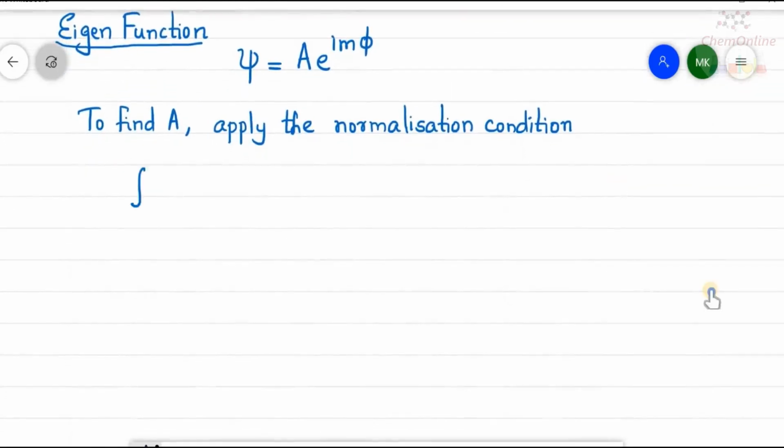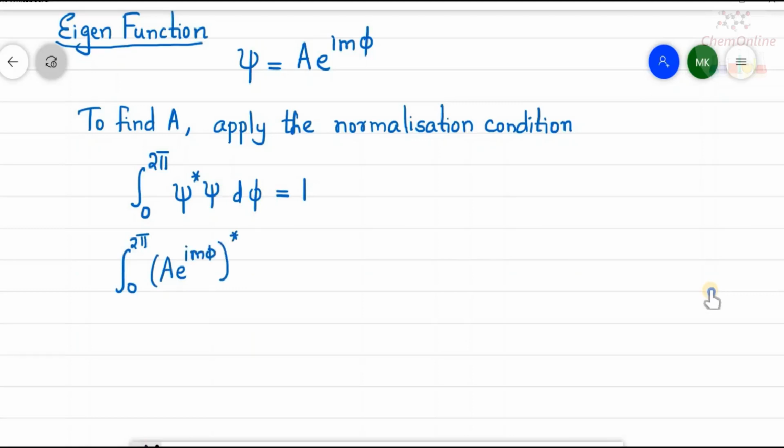That is, integral 0 to 2 pi, because phi ranges from 0 to 2 pi, xi star xi d phi equals 1. That is, integral 0 to 2 pi of a e raised to im phi, the whole star, into a e raised to im phi into d phi equals 1.